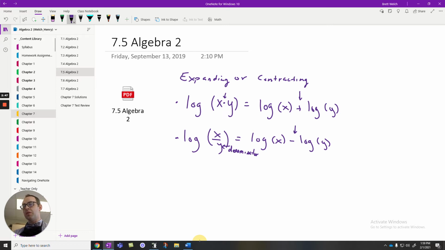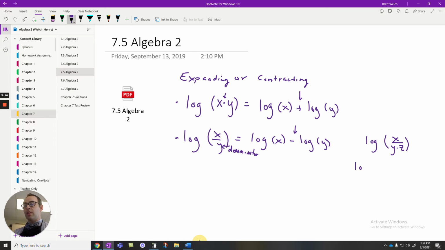One of the things that confuses people sometimes is when we look at something like log of x over y times z. Because y and z are being multiplied, we would feel like we should add them. But they're both in the denominator of the fraction. That is, they're both dividing x.